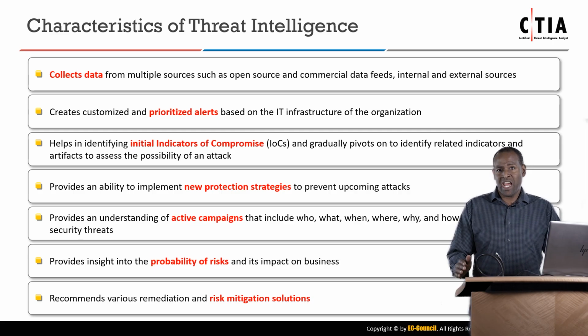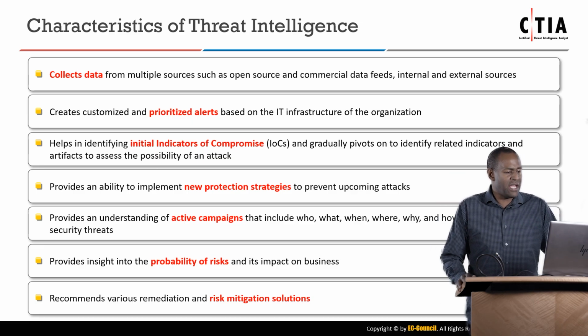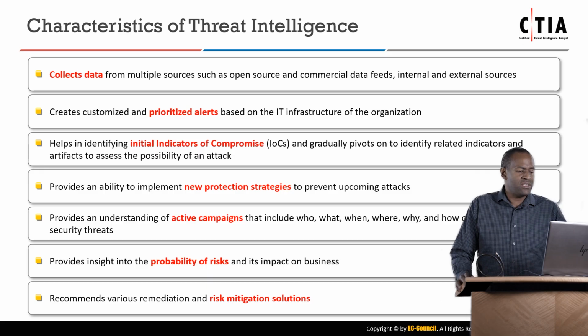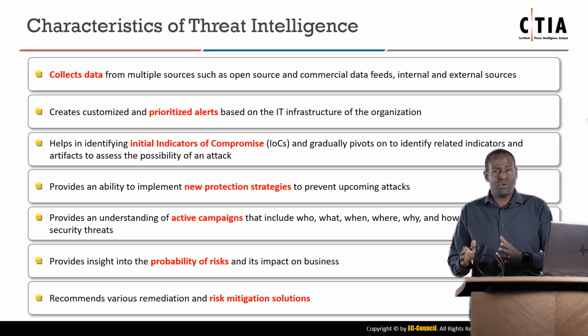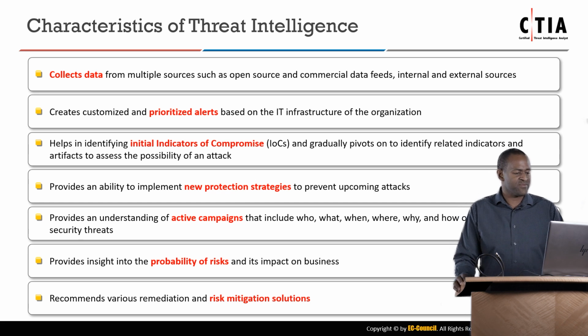We want to relate it to any other indicators, for instance, with perhaps an external scan or something, and any other artifacts to assess that possibility that we're being attacked. So those IOCs lead to the knowledge of the type of attack that it is eventually.